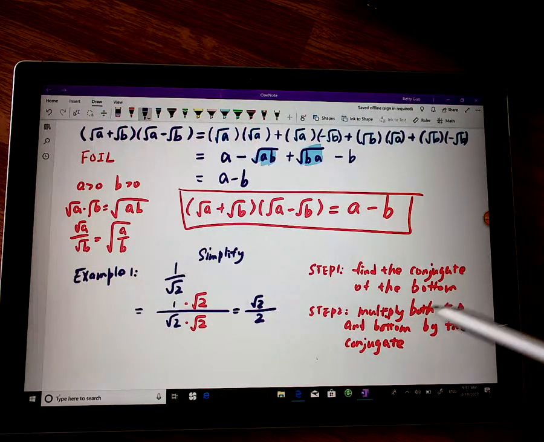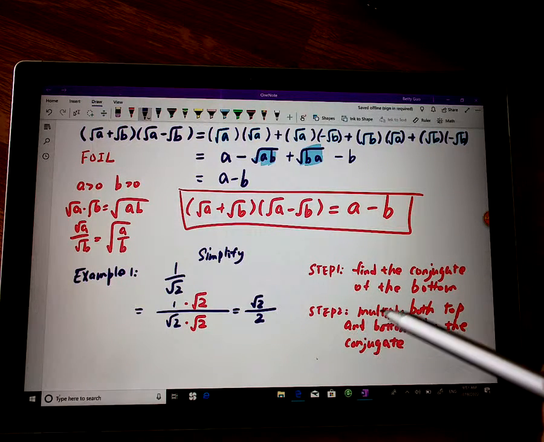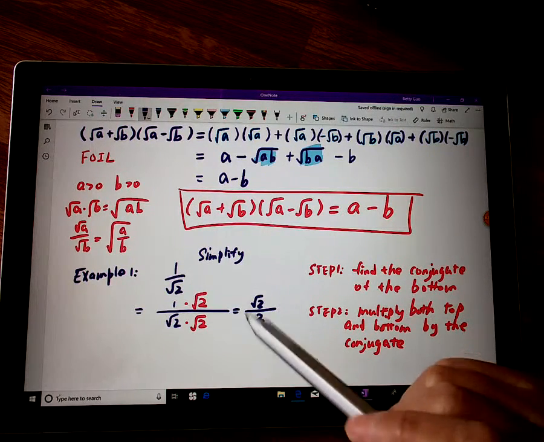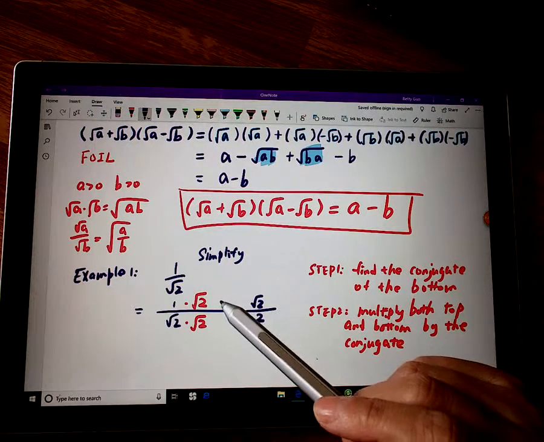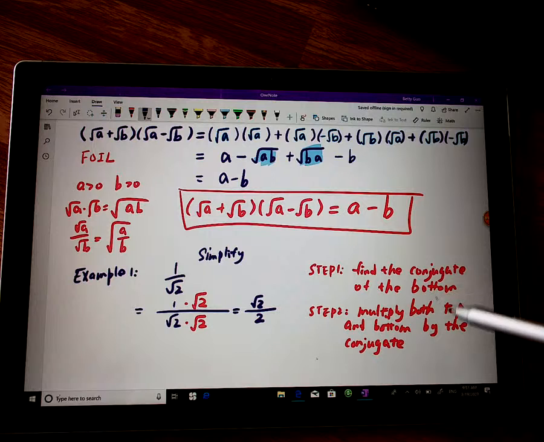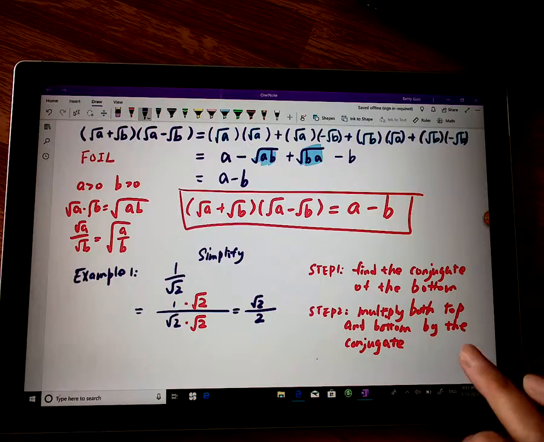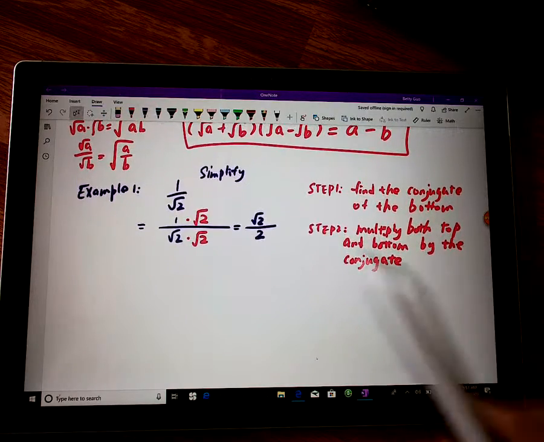So the two steps for the division of two radicals can also be described as simplifying a radical expression if you have a radical on the bottom. Step 1, find the conjugate of the denominator. Step 2, multiply both top and bottom by the conjugate of the denominator. So this is example 1.